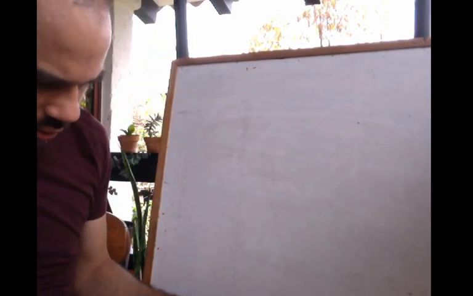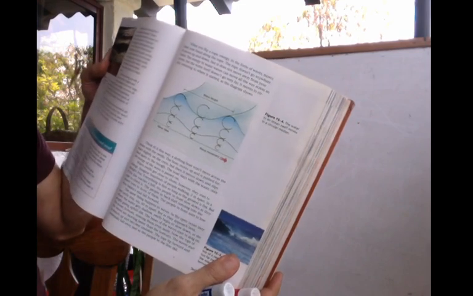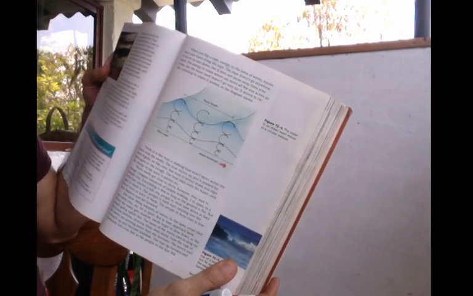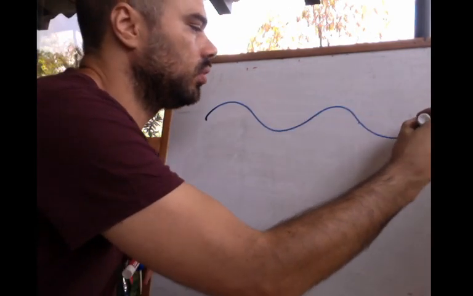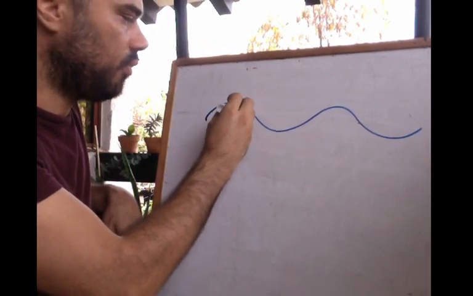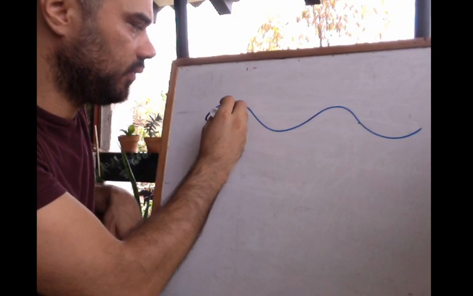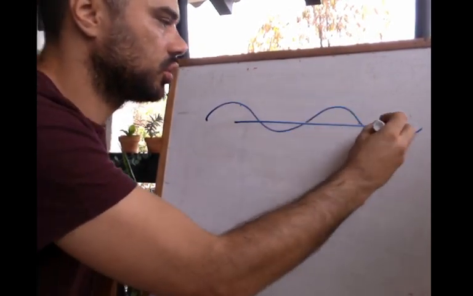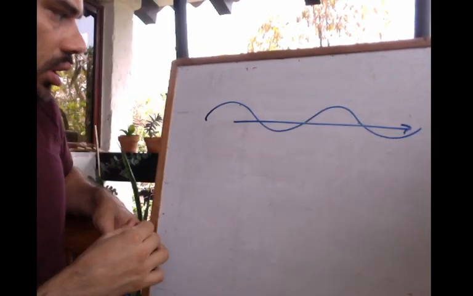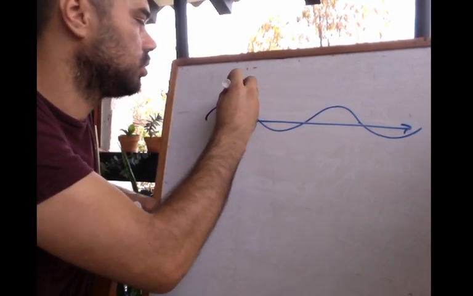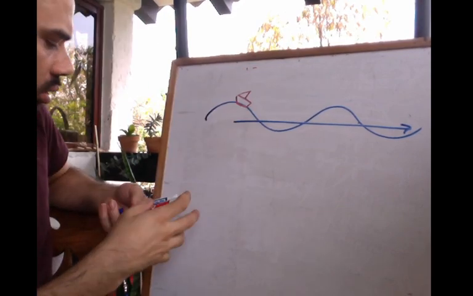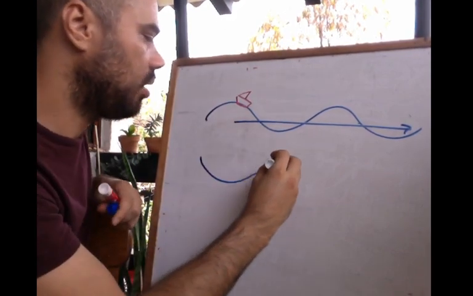And, well, we have some diagrams over here showing us how waves also produce circular motion. But something interesting about the waves is that even though they are moving, the wave is like moving in one direction. If you have a boat, this boat will only be moving up and down.